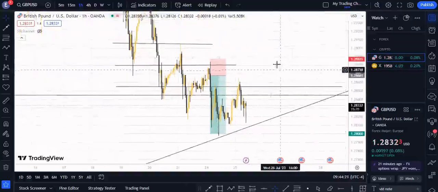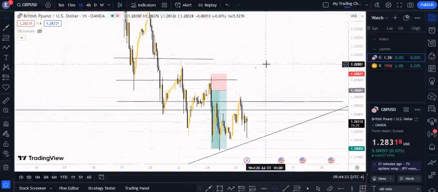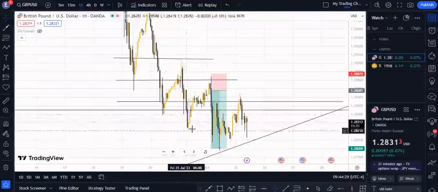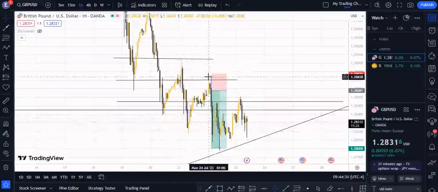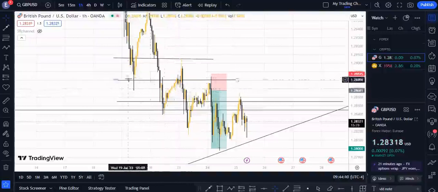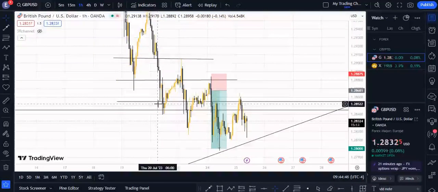Now the market creates this lower low, then creates another lower high, which means the low that it creates is right at this lower low right here. You know that we have already marked out everything with this horizontal line right here.